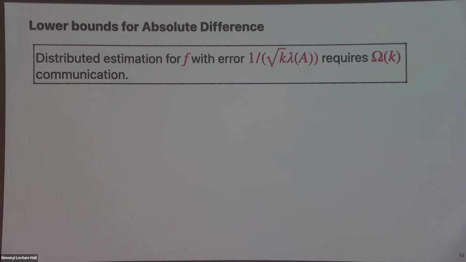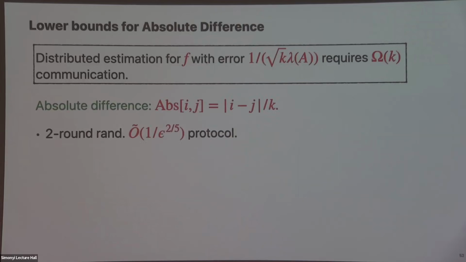Okay, let's talk about absolute difference, which, as I said, is my favorite problem. We saw this weird protocol, which gave you 1 over epsilon to the 2/5. Where is the 2/5 coming from? Well, it turns out that when you construct the matrix, lambda for this absolute difference matrix is order k squared. This was proved in a paper in 1978 by Graham and Lovász.